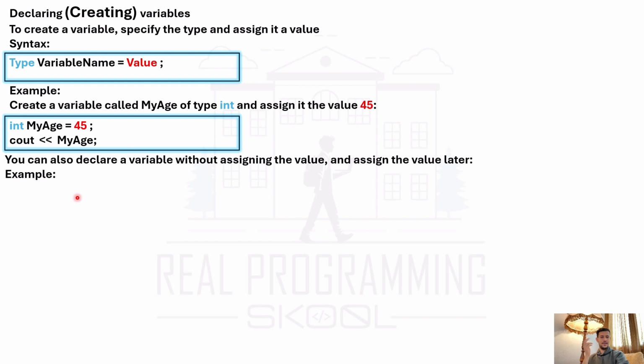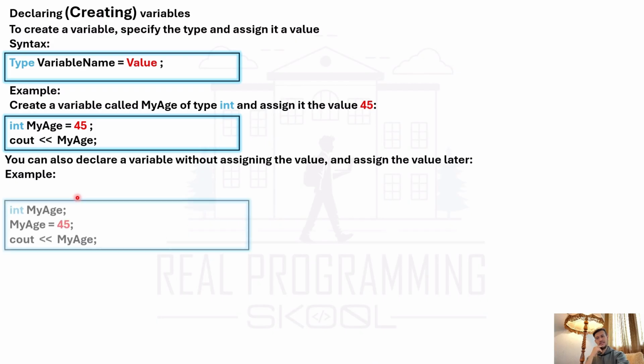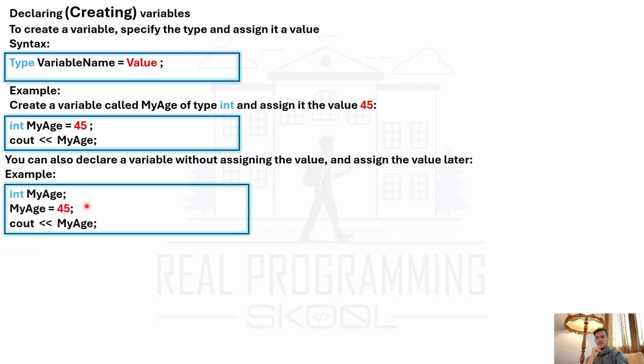So you can assign the variable its value in the next line of code like this. The first one, integer my age semicolon, we close the line of the code. And in the second line of code, my age equal 45, now we assign the variable 45, and after that you print it, it will give us the same result like the upper one.